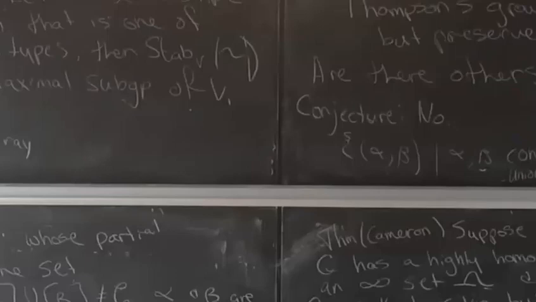It's still pretty unclear what's happening in the infinite case, whether you have other types of systems. We don't have a classification. We would love to have one, but I think we're pretty far away from having one at the moment. It would be great if this conjecture is true, but we don't know.